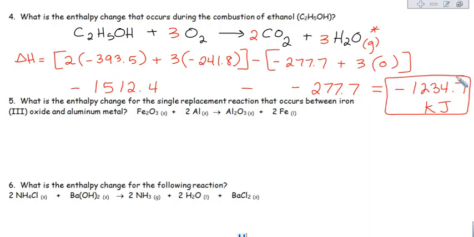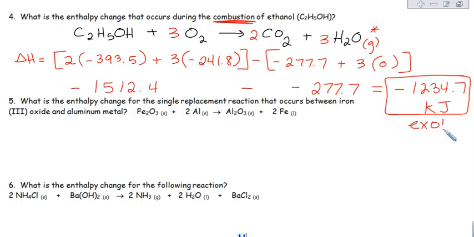Make note of this. It's a combustion. I mean, didn't we say back in the reaction unit that a combustion means something is burning? A combustion should always be exothermic. Always, always, always.